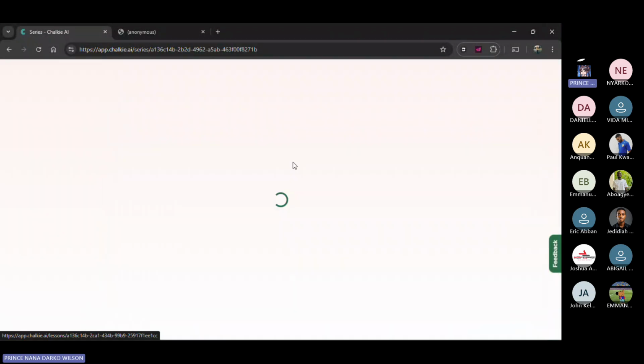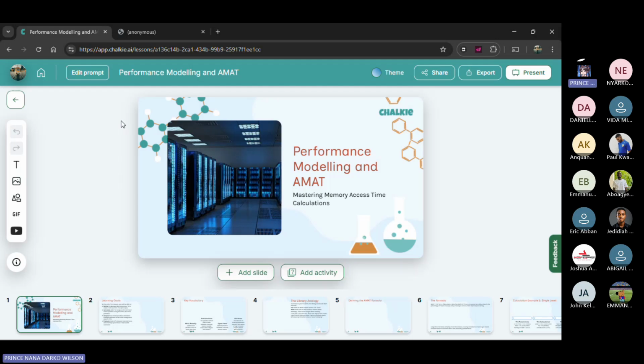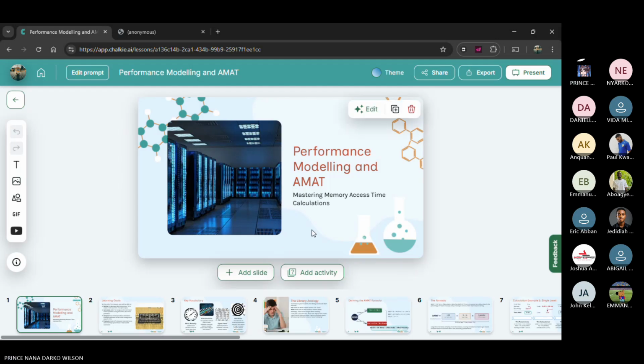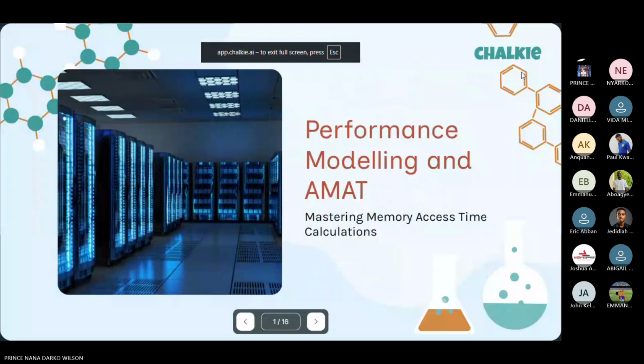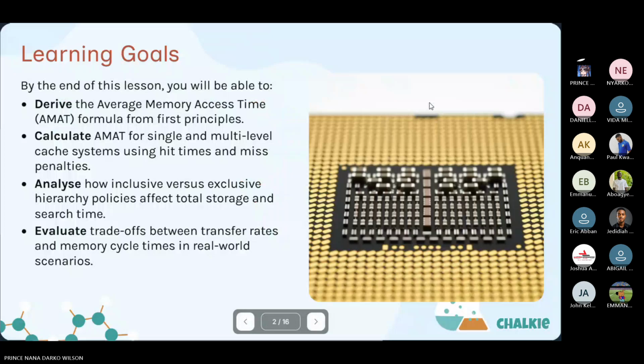That was performance modeling and AMAT calculations. Good. So this is where it was.